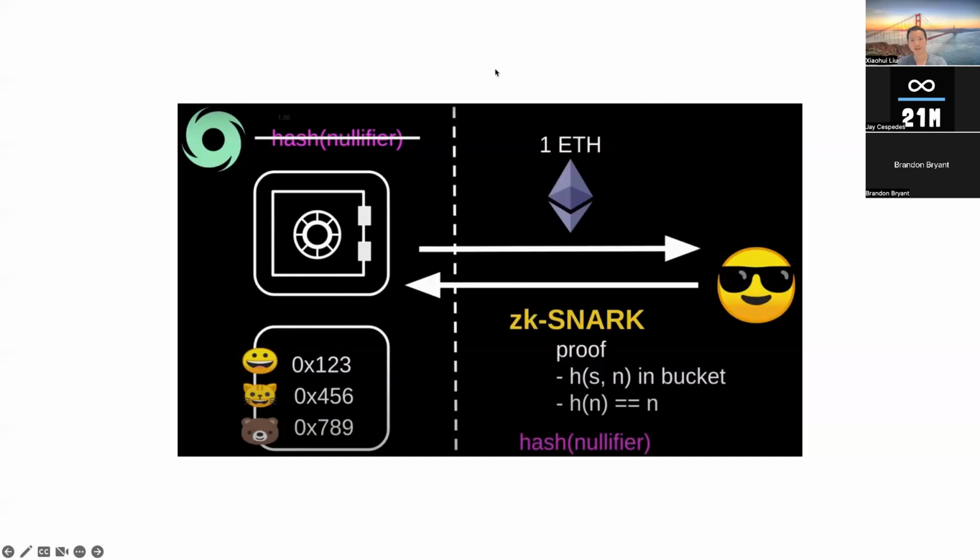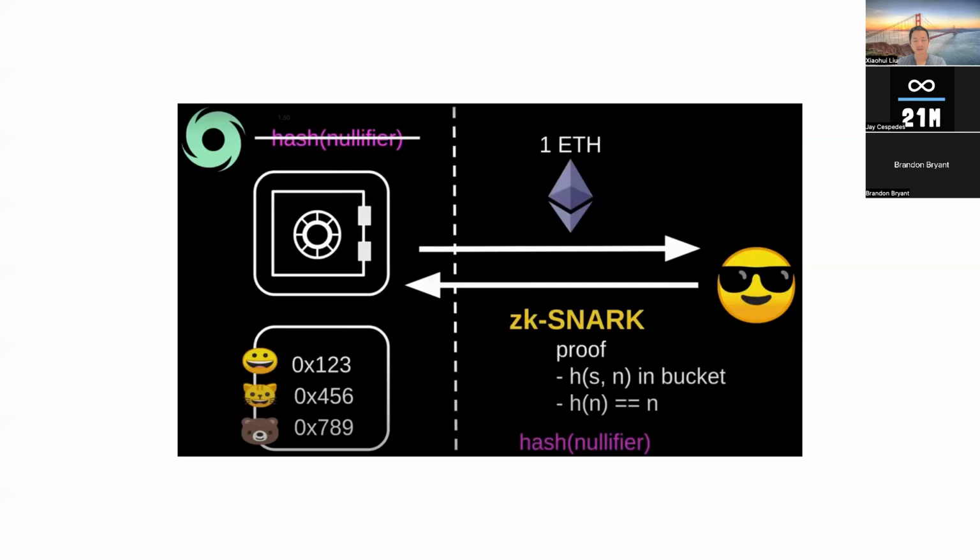Just to make sure I understand correctly: originally, when we were making a deposit, we were also including with that deposit the hash nullifier. Then when you withdraw the deposit, we would X out the hash nullifier, but that had a security vulnerability where everybody could see who that nullifier belonged to.